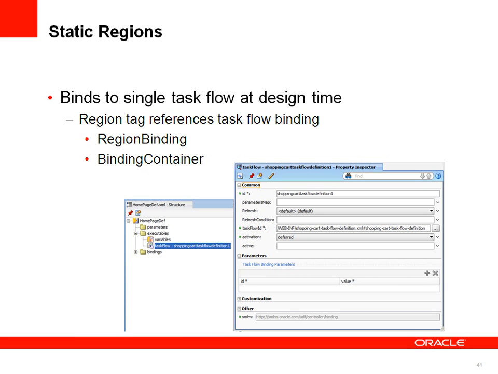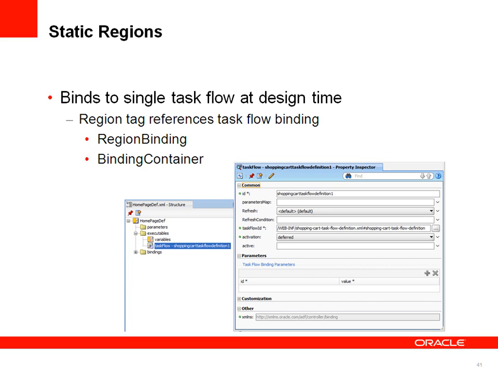So I can define the name of the input parameter expected by the bounded task flow, or I can have a parameter map, a hash map, that I reference through expression language, and this expression language would then make this hash map available to this property, and then all the content will be passed to the bounded task flow.